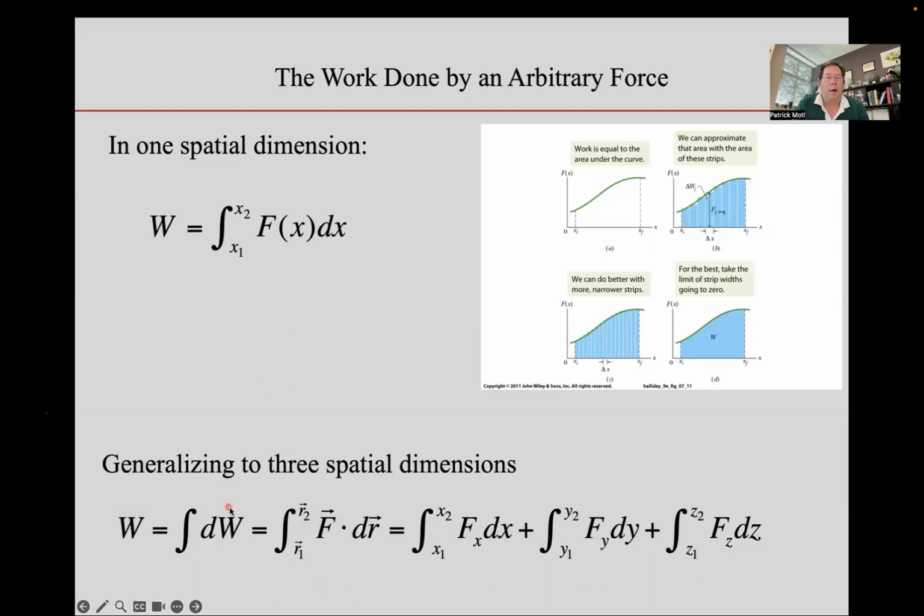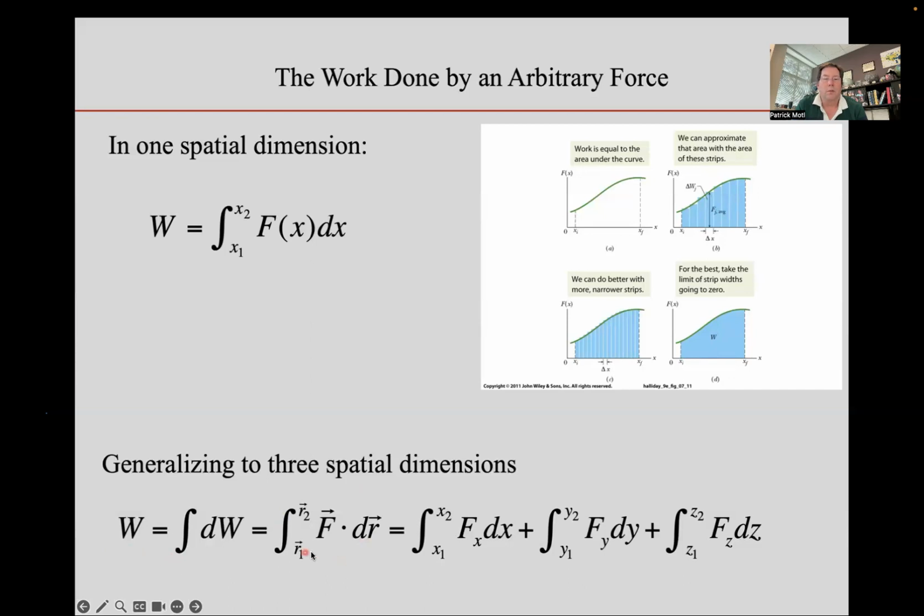So the integral of dW is going to be partly made up of the x component of the force integrated over x, the y component of the force integrated over y, and then the z component of force integrated over z. So if you need to go back to some fundamental equation for what is the work for a general force in three spatial dimensions, you can go all the way back to this.